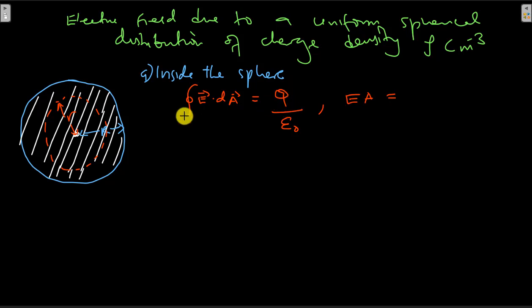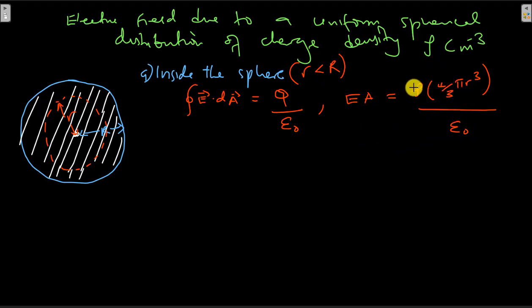The total charge enclosed in this Gaussian surface inside the sphere corresponds to small r less than capital R. So the charge enclosed in the Gaussian surface is going to be the charge density rho times the volume of the Gaussian surface, which is 4/3 pi r cubed, divided by epsilon naught.